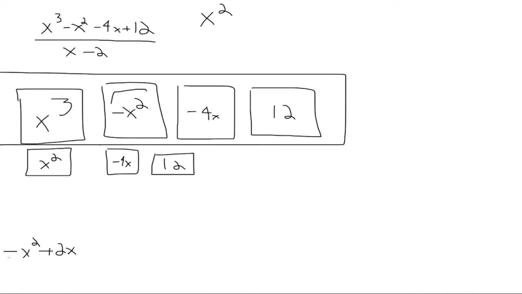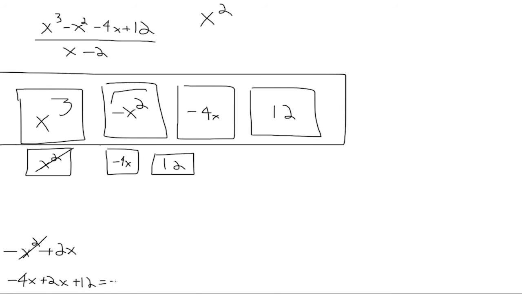So we're getting rid of an x squared, so these x squareds cancel. Now this 2x will become part of the polynomial. So we have minus 4x plus 2x plus 12. That's our new polynomial.